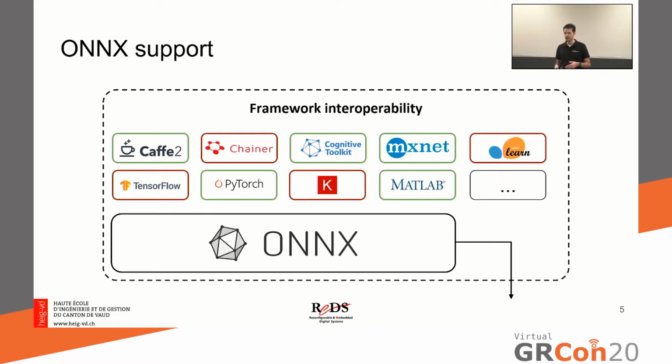You can go from MATLAB to ONNX, from TensorFlow to ONNX, from PyTorch to ONNX, from a lot of widely used frameworks nowadays to ONNX, and then you will have a common format for your machine learning model.